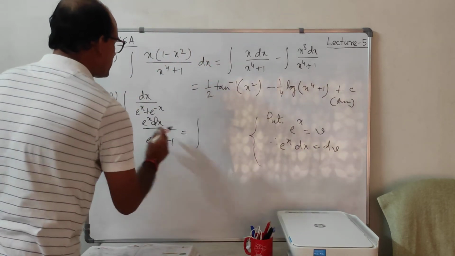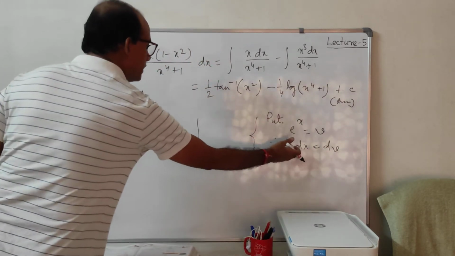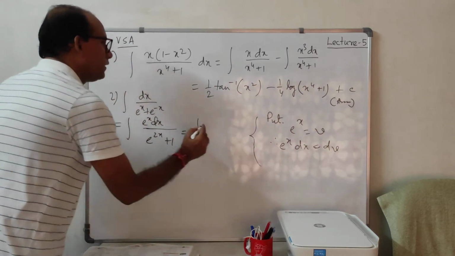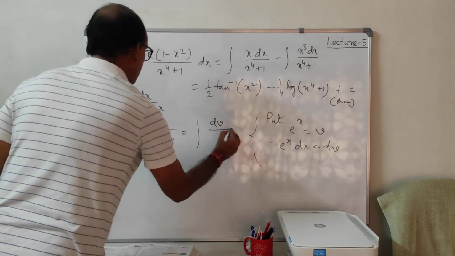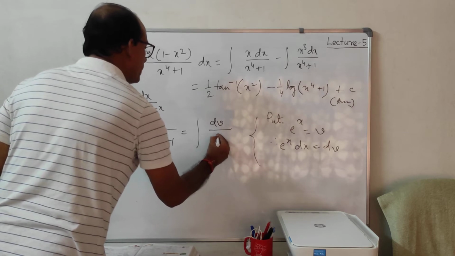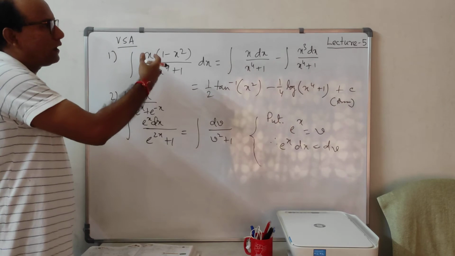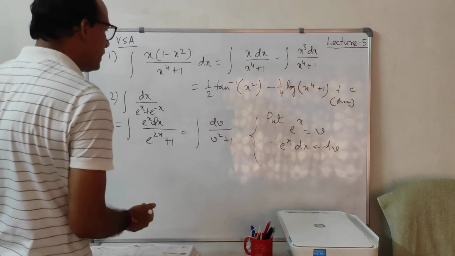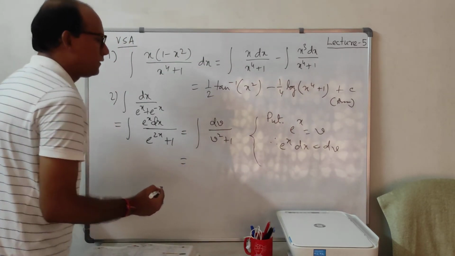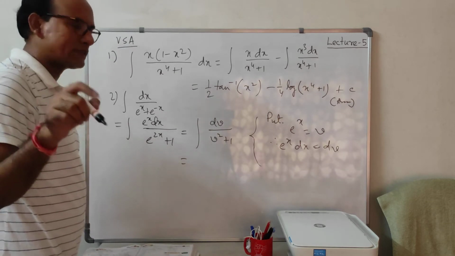See, e to the power x dx, this part is matched up with this part, and this is dv divided by v square plus 1. Just follow the first standard integral I wrote in the first session of lecture 5. And what was that? It is 1 by a tan inverse x by a.